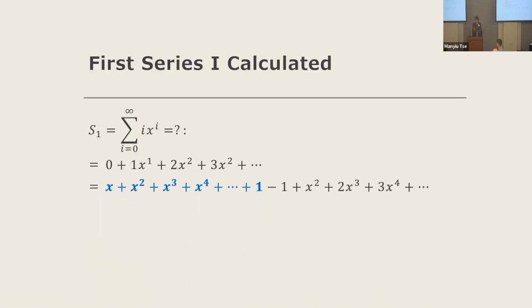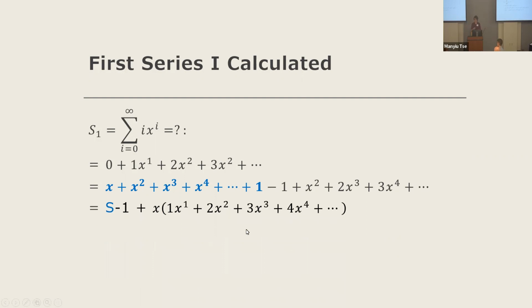I separated the different powers of x, and added and subtracted 1, which is the same as 0. Then looking at this blue portion that I highlighted, you'll notice that it is a geometric series with a equals 1. So I just replaced that with s since we know what it equals.